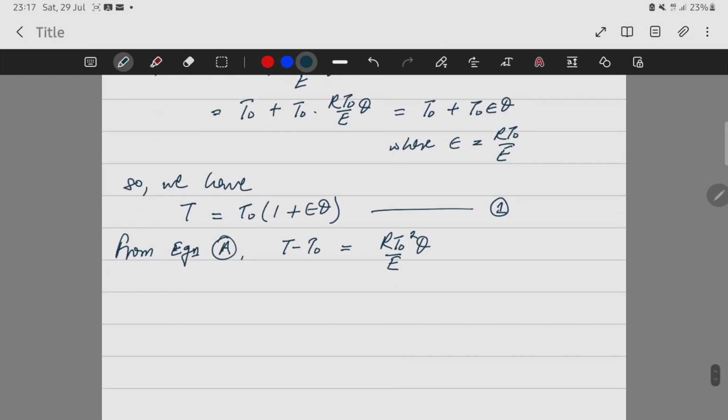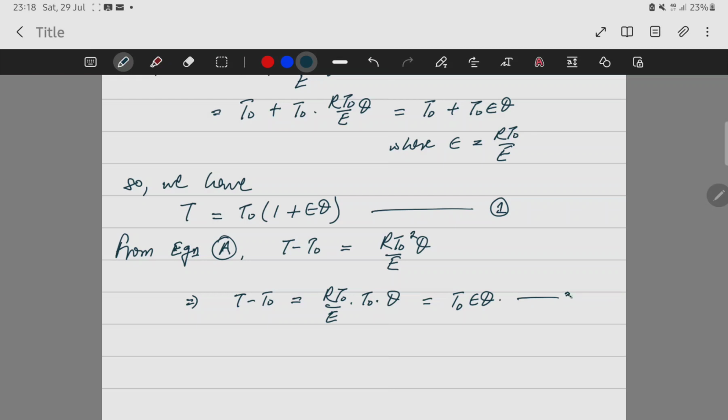And because epsilon is equal to R T naught divided by E, we have T minus T naught equal to R T naught divided by E dot T naught dot theta, which is T naught epsilon theta.